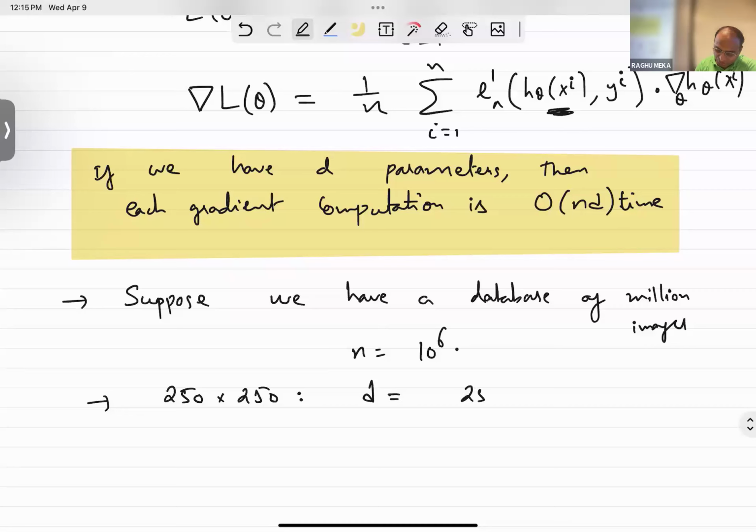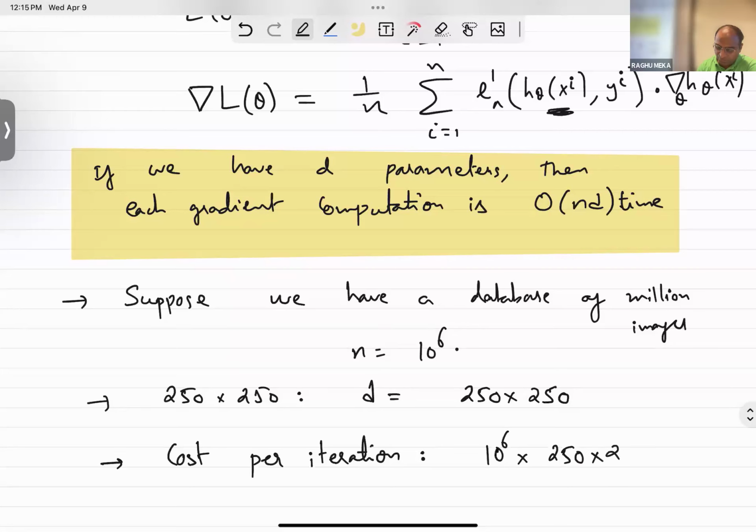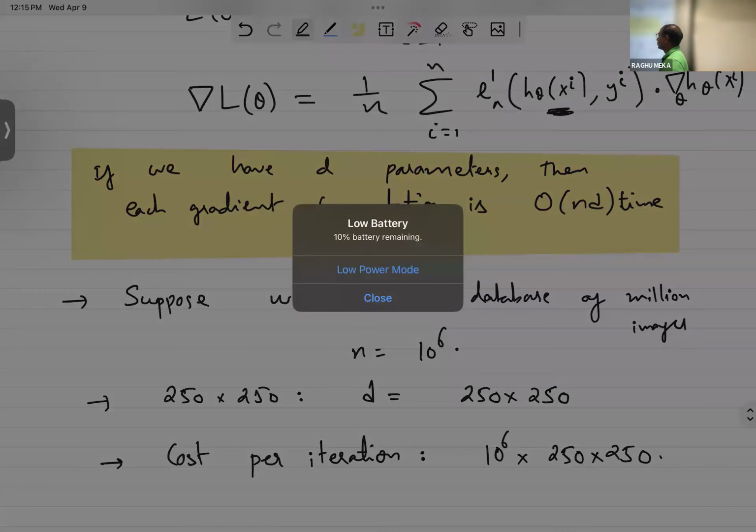Our d is 250 times 250. Every pixel is like a feature, like a coordinate. So the cost per iteration is 10 to the 6 times 250 times 250. And this is just the cost of the time. You can also be in scenarios where the memory usage could be all over the place.